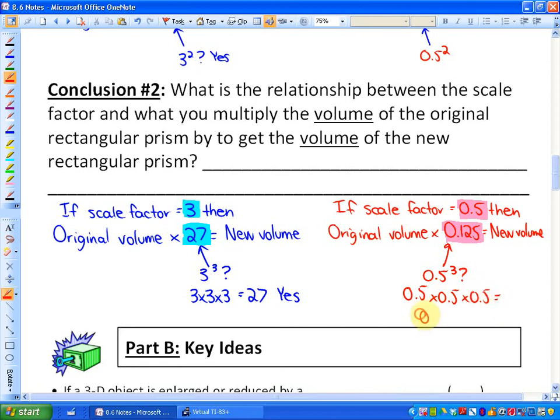And you will find that the answer to that is also yes. So if you were to put this into a formula, here's the relationship. The relationship is that the original volume, and these are the two key ideas for this entire section, times the scale factor cubed will give you the new volume.